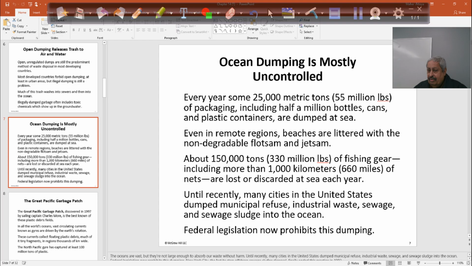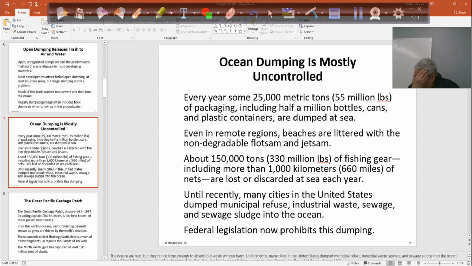About 150,000 tons, about 330 million pounds of fishing gear, or nets.